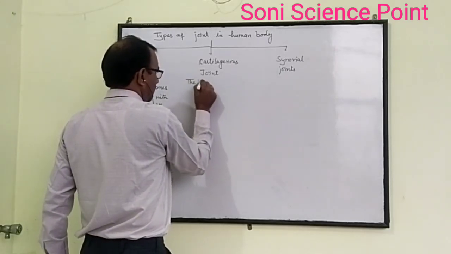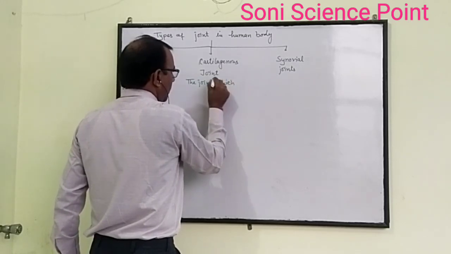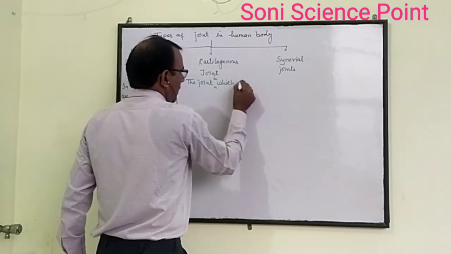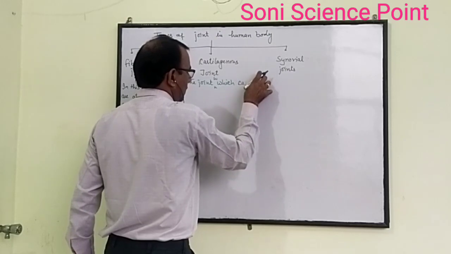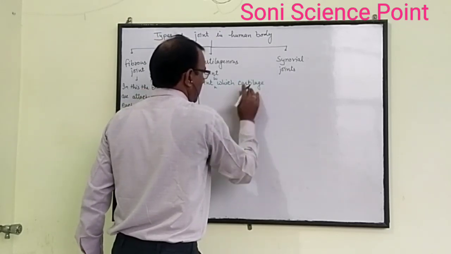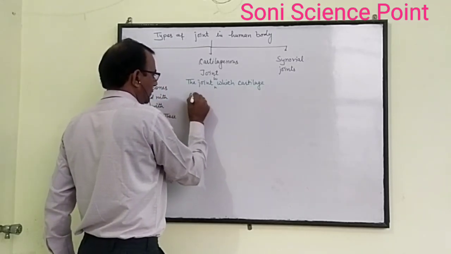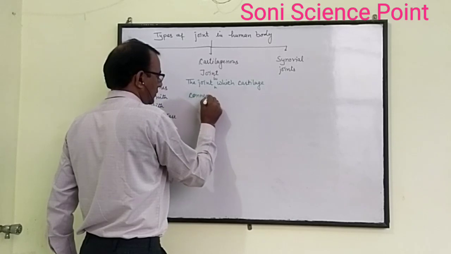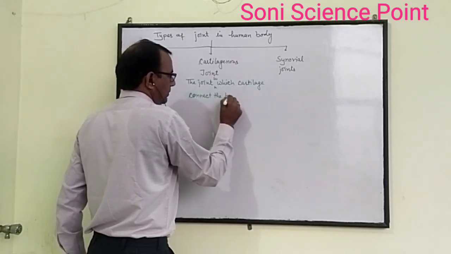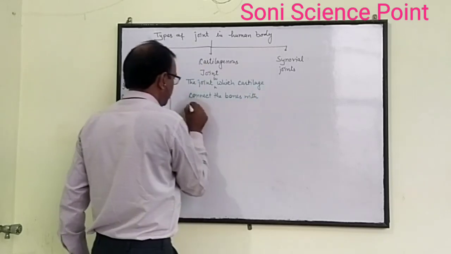This is the joint in which cartilage connects the bones with each other.